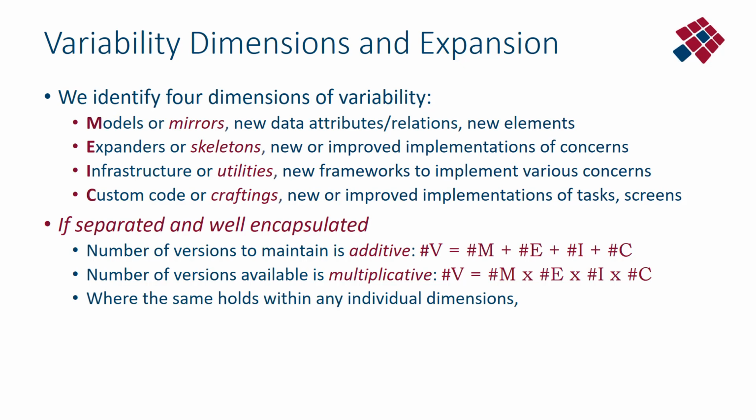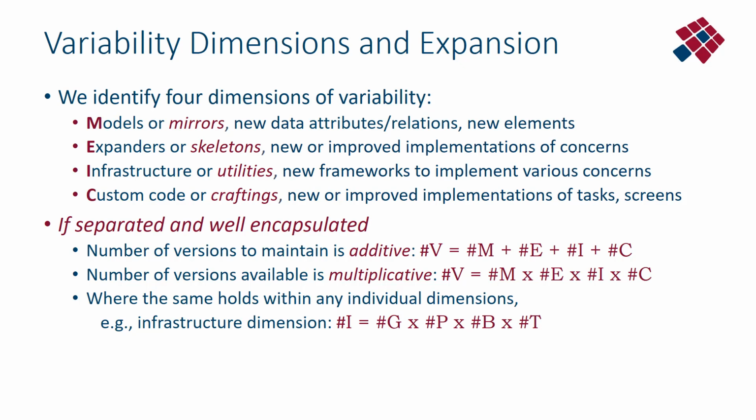And the same holds within any individual dimension. For instance, in the infrastructure dimension, you could have various versions for various parts of the infrastructure, for various subcategories of the infrastructure.